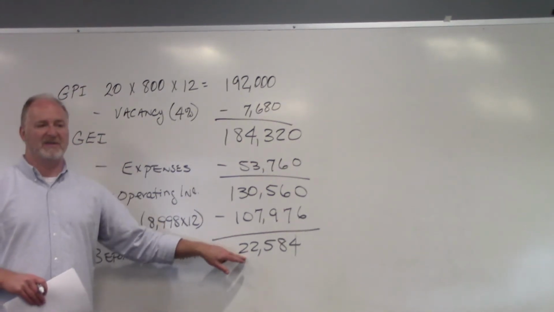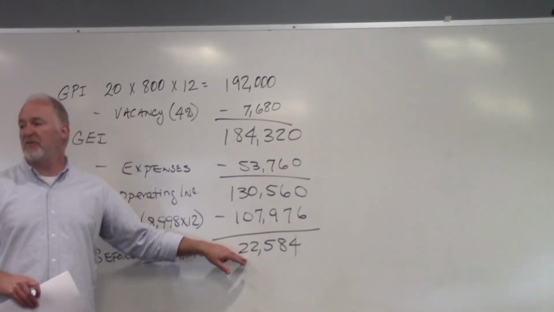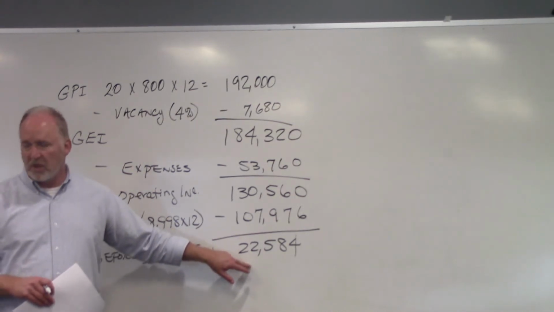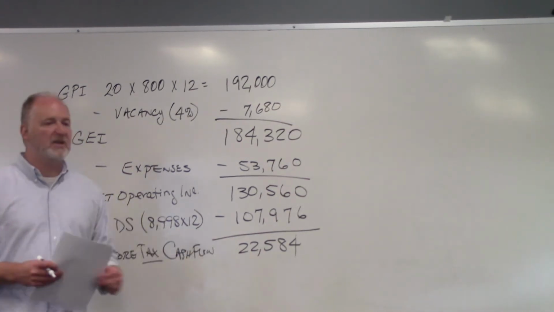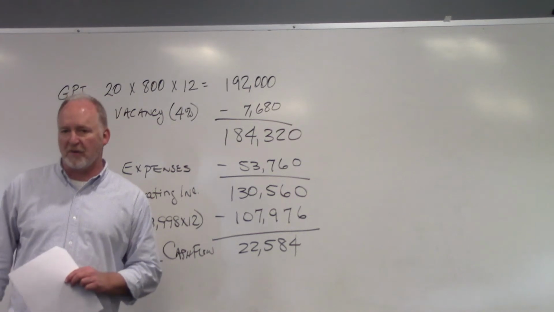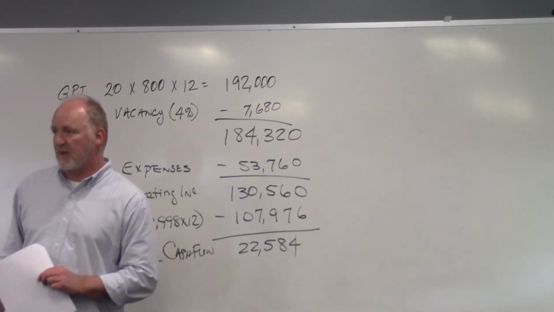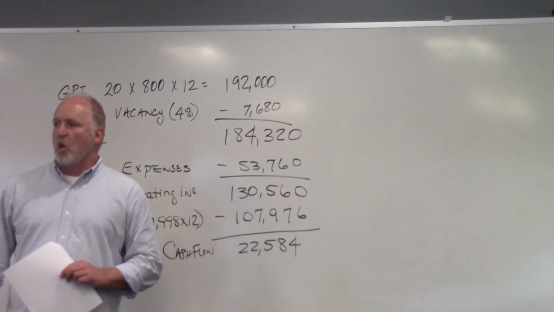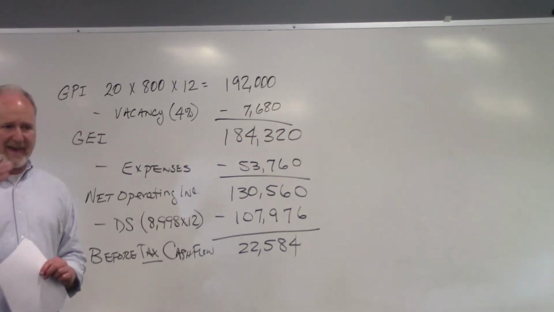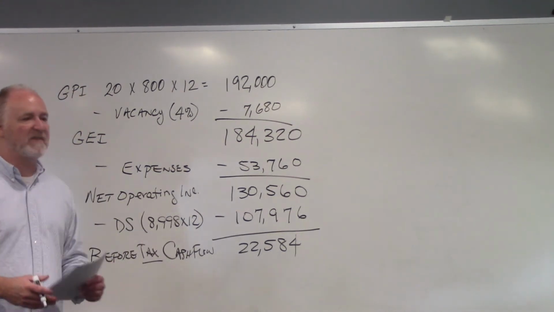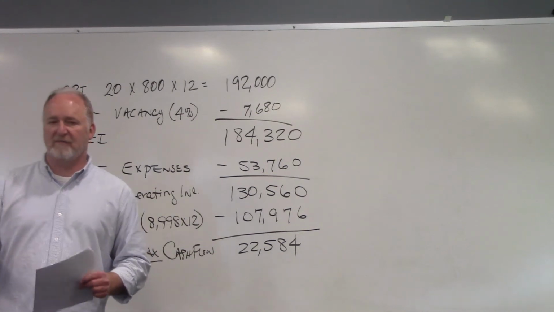You recognize that after paying all his bills, including his mortgage, this investor walked away with $22,584 in his pocket. What investment did he make to get this $22,584, and is it a good investment?